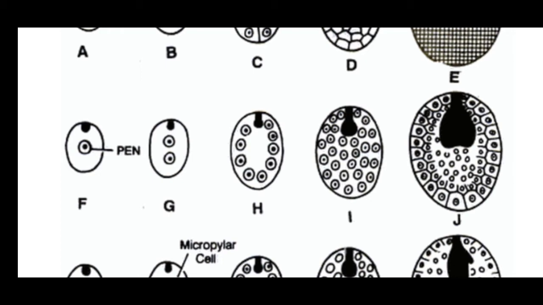So you find a multinucleated structure that keeps on developing here. The central cell, which was holding the PEN, now has multiple nuclei, increasing and so on.